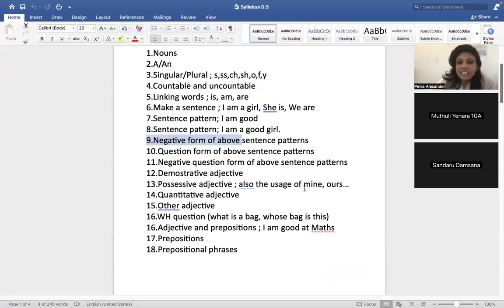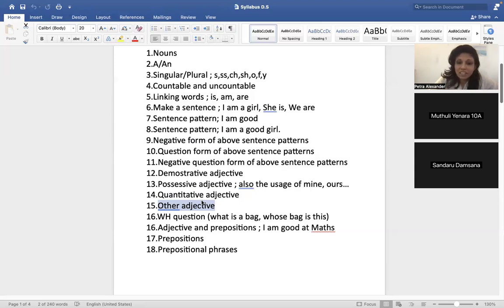Right? Next one, adjective. So we did demonstrative adjective, possessive adjective, my, our, your, like that. Quantitative adjective we did few, a few, little, some, many, much. Right? Other adjective also we did. And WH question like what is that bag? Where is your bag? Where is your house? Right?